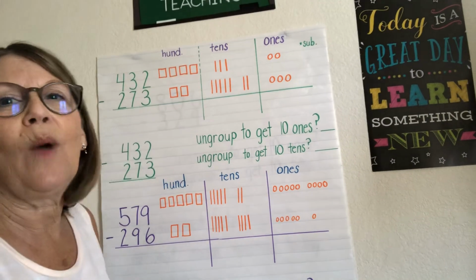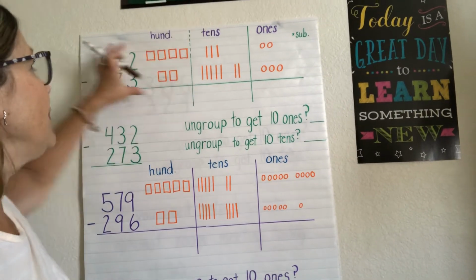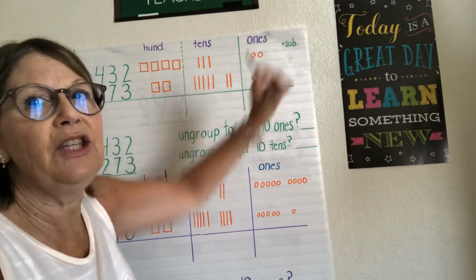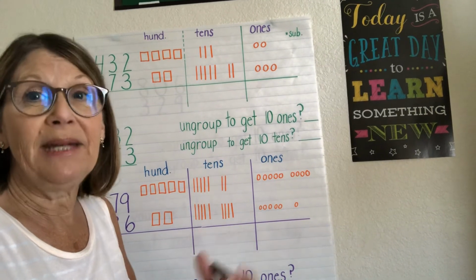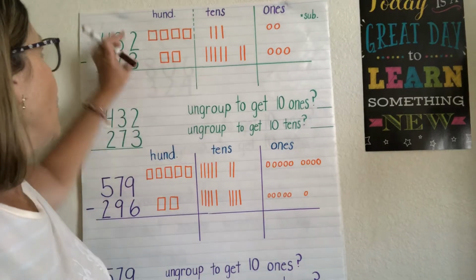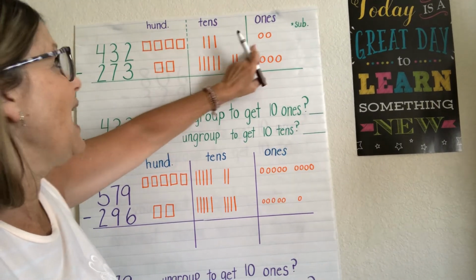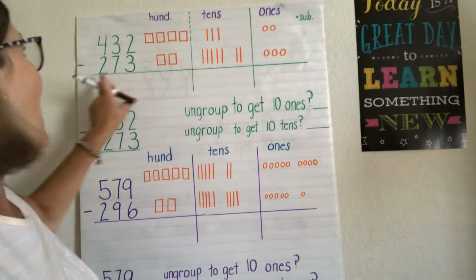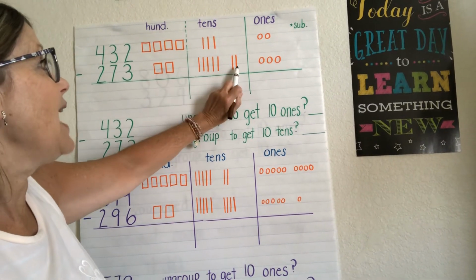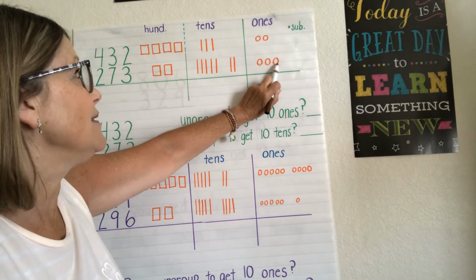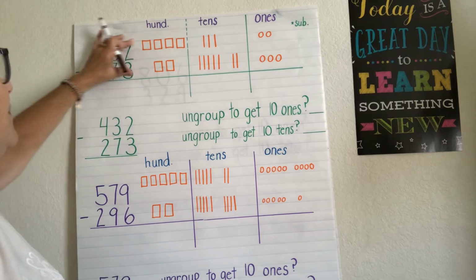Doing it the long way, I am going to draw it out first. So remember, if I spread it out and use a lot of space, then it's going to be easier for me to see what I'm drawing. So I drew out 4 hundreds, 3 tens, and 2 ones. And I drew out 2 hundreds, 7 tens, and 3 ones. Okay, so I drew everything out.